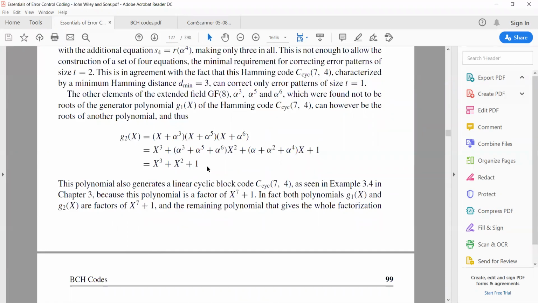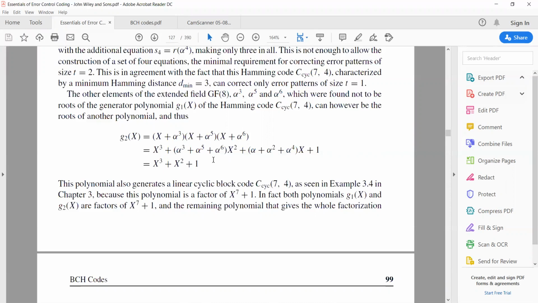And the other possible polynomial was g1x, 1 plus x cube, whose roots are alpha, alpha square, and alpha to the power 4, right?